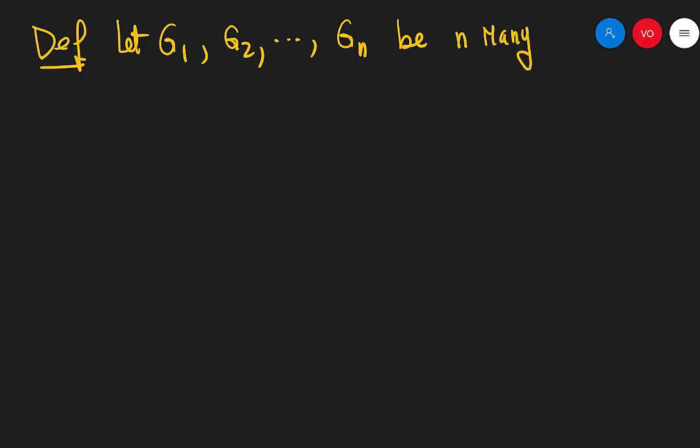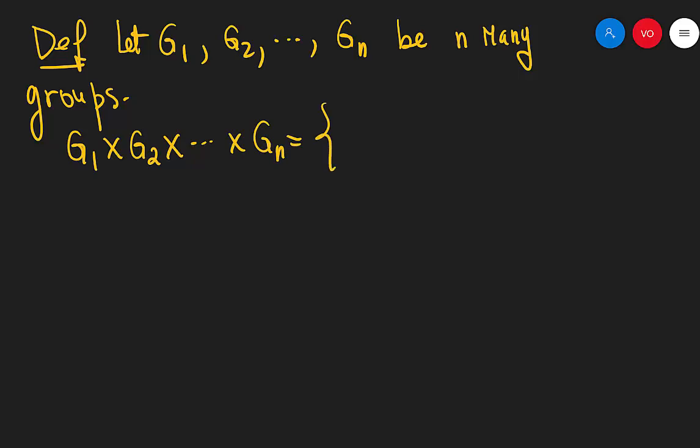So if we let G1, G2, all the way till Gn be n many groups, we can define, so recall that if we take G1 cross G2 and so on, this will be the set of all n-tuples x1, x2, xn, such that x1 is in G1, xn is in Gn, and so on.